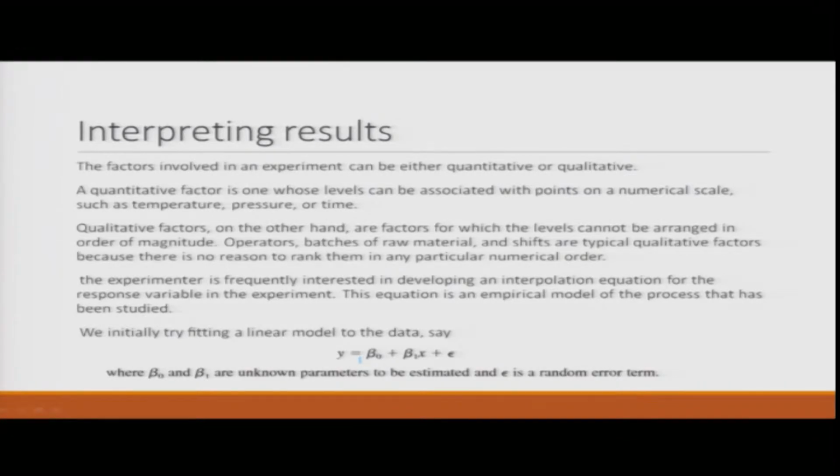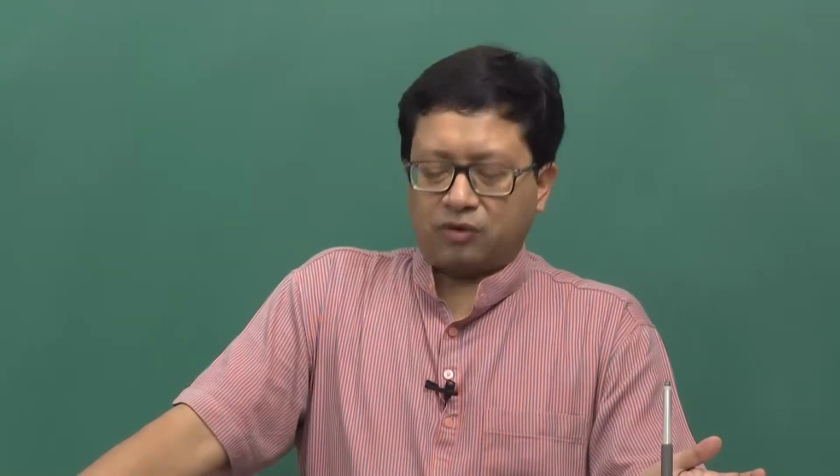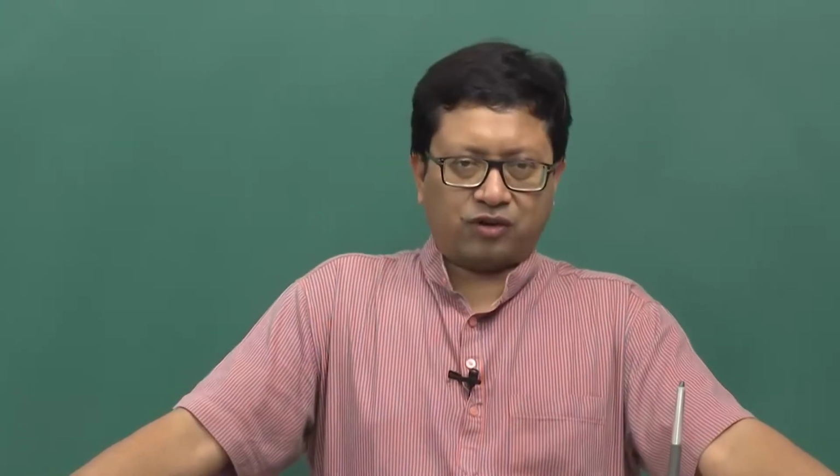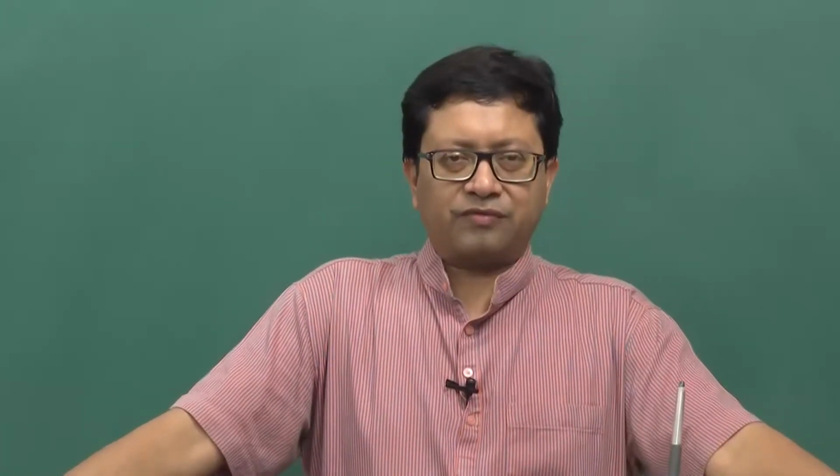For a simple linear regression, y is equal to beta naught plus beta 1 into x plus epsilon. If it is a multiple linear regression, it will be y is equal to beta naught plus beta 1 into x1 plus beta 2 into x2, and so on till beta k into xk, considering there are k different x values which determine the values of y.